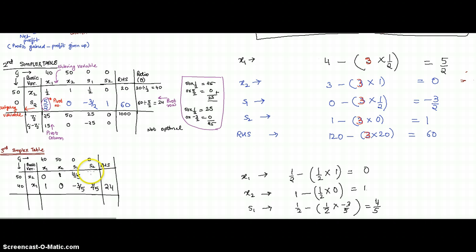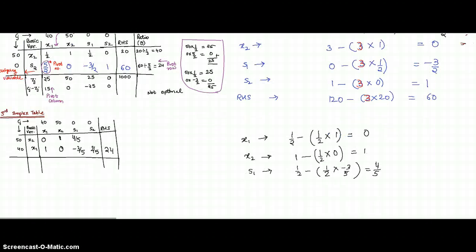Similarly, to calculate the value for S2, the value is 0, 0 minus half into 2 over 5, which is minus 1 over 5.